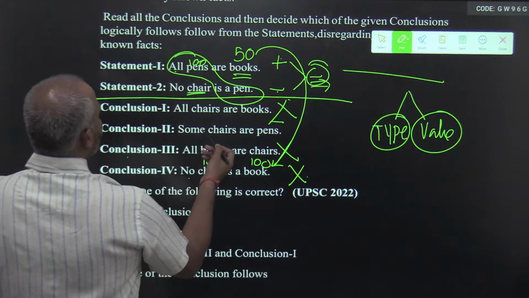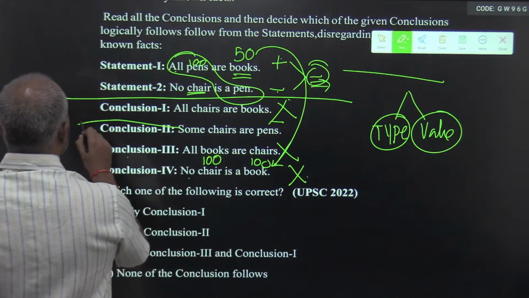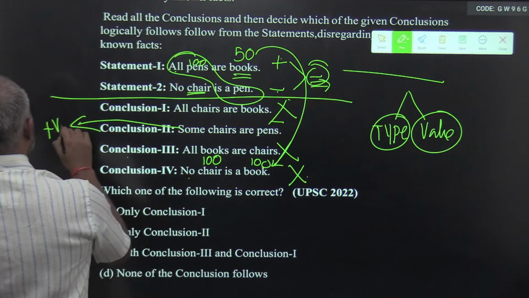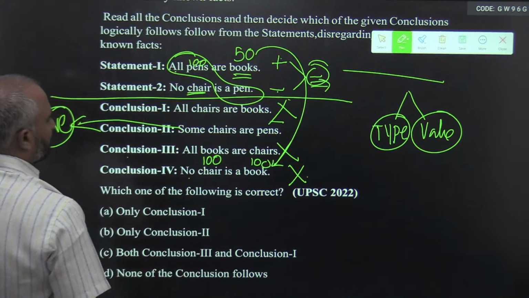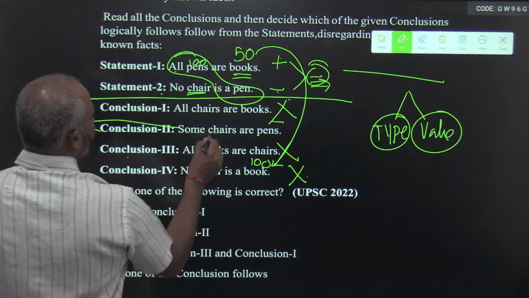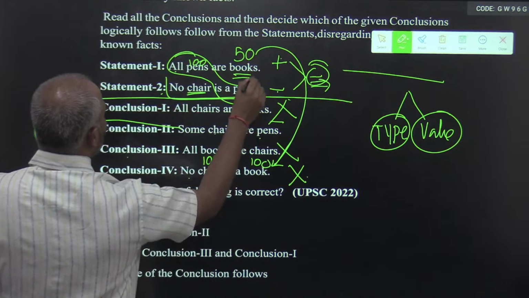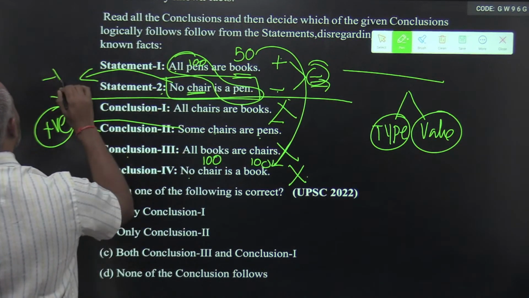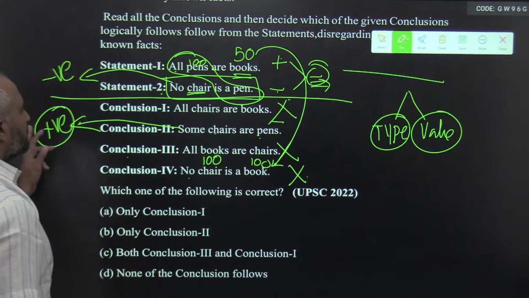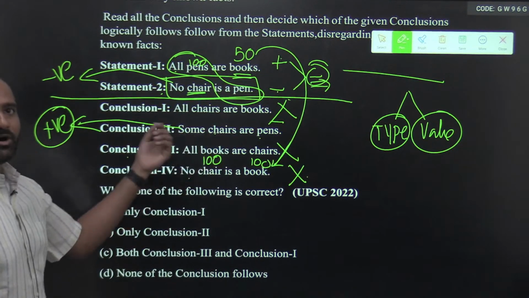Next, some chairs are pens. What is this statement? This is a positive statement. First verify the type and then go for verification of value. Chair and pen are linked in statement 2. Statement 2 is a negative statement, but conclusion 2 is a positive conclusion.